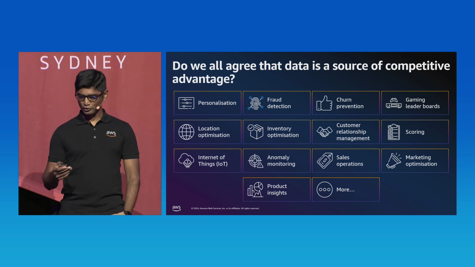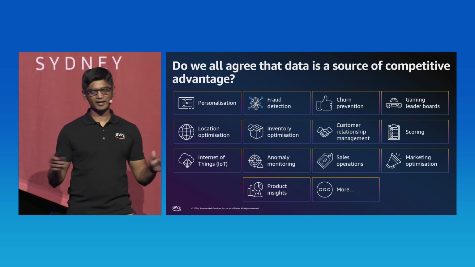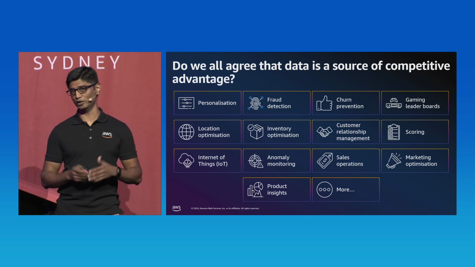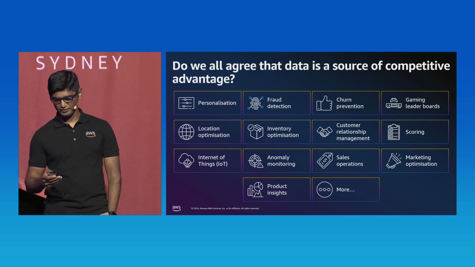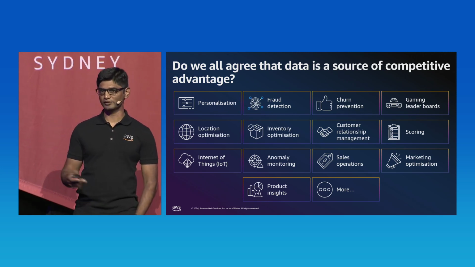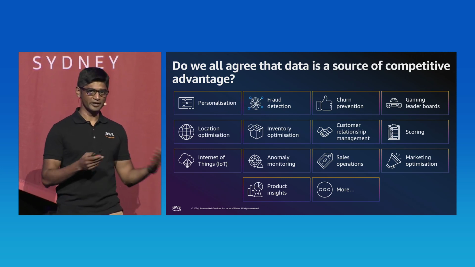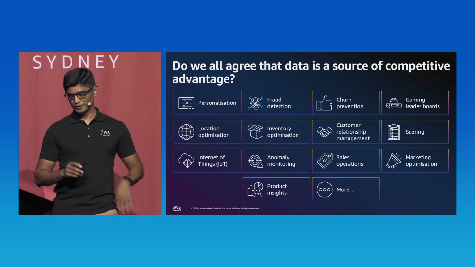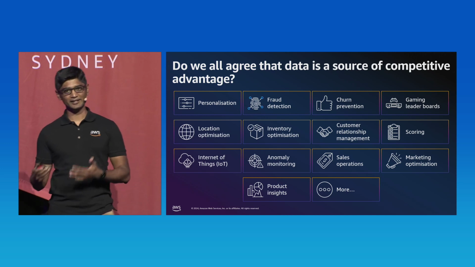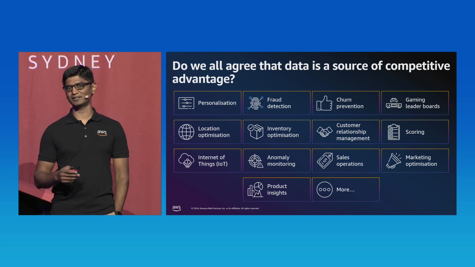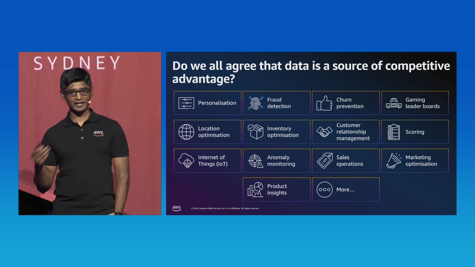The second use case is fraud detection, or churn prevention. These are horizontal use cases which can be applicable across different industries. And then there are industry-specific use cases, for example, powering the gaming leaderboard or Internet of Things, where you want to understand how the devices are operating at the same time. The goal of all these use cases is to get the operational data in near real time, so that you can analyze how it is operating and gain insights from that.